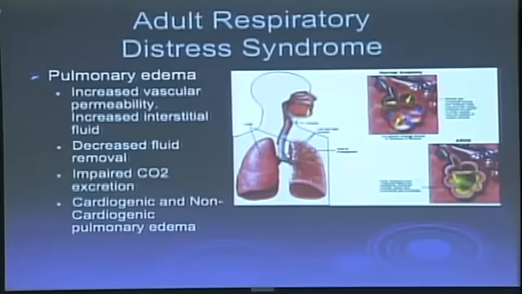Now, that can be caused by two sources, basically. Increased vascular permeability, so the alveolar capillary leaks because of injury to it, and you get increased fluid interstitially, or you have increased hydrostatic pressure, which means that the heart isn't pumping forward and you're getting increased pressure in the venous system, and then you leak fluid into the interstitial space.